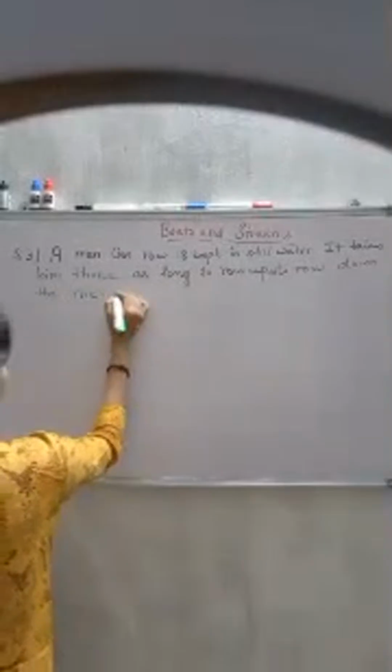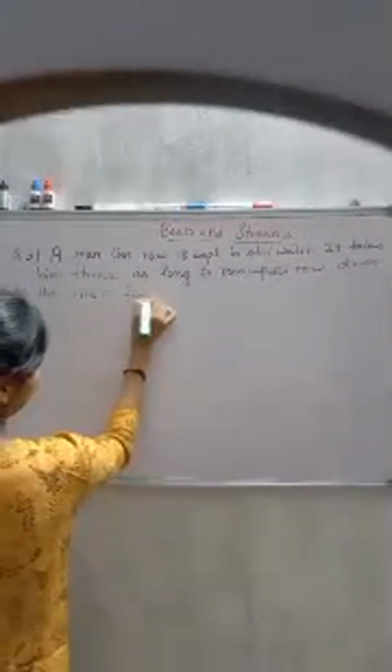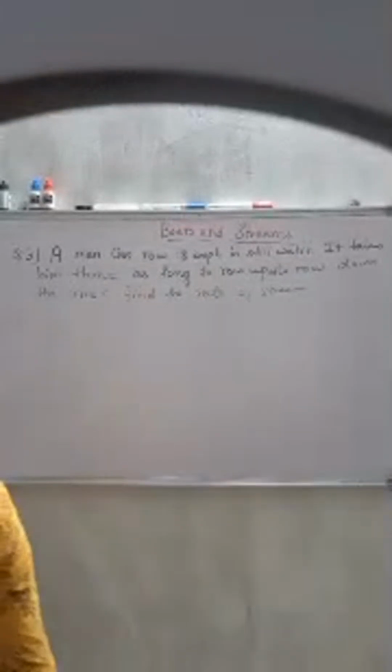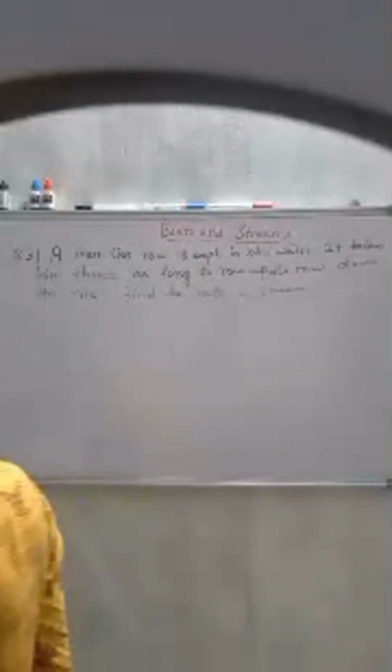Find the rate of stream. Speed of man in still water is given as 18 km/h, and we need to find rate of stream, and the relationship between upstream and downstream is given.